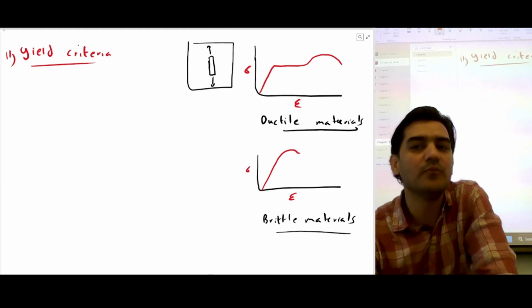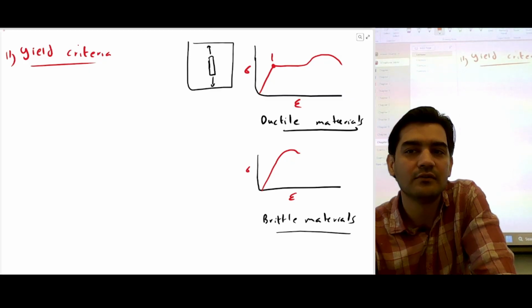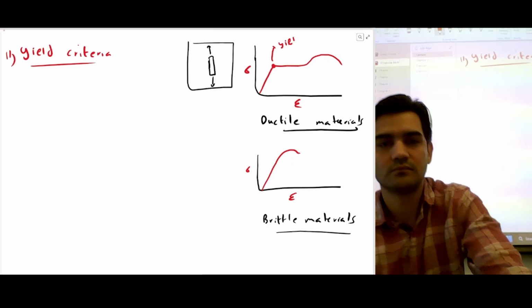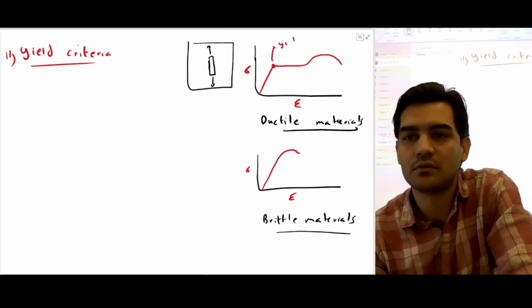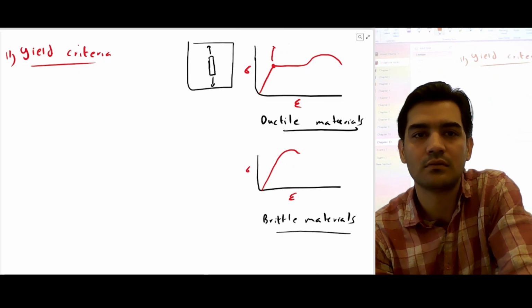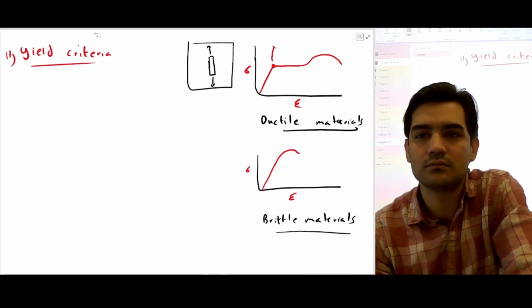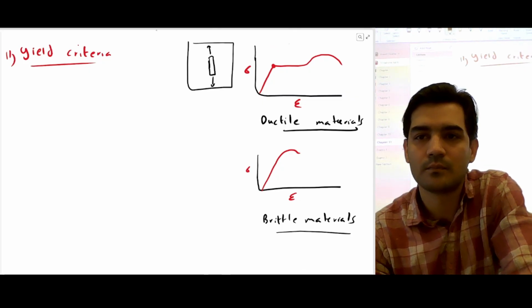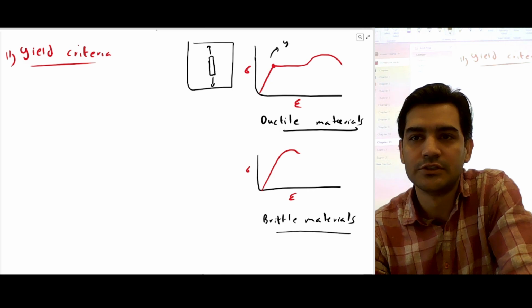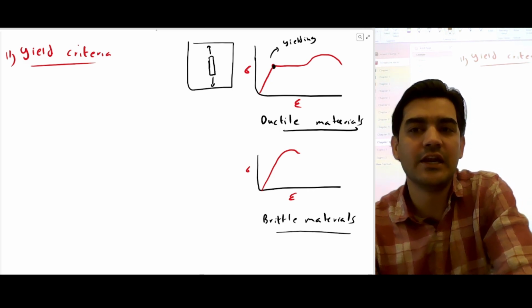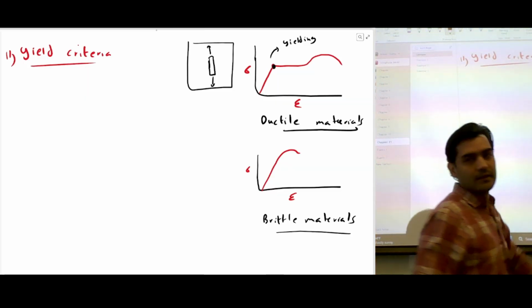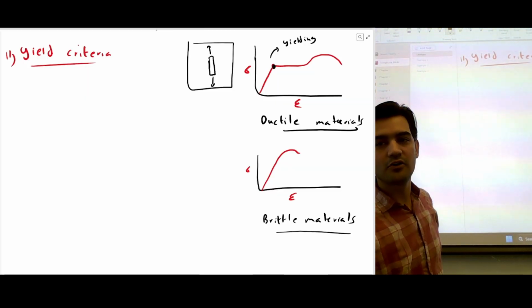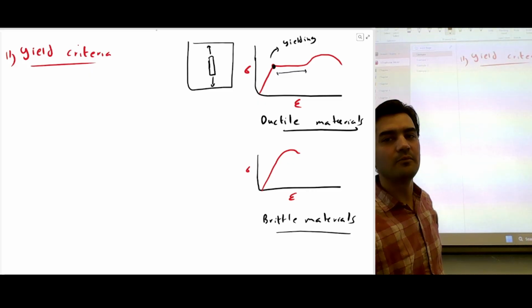In a ductile material, you will see yielding at this point, and you will observe a lot of plastic deformation.